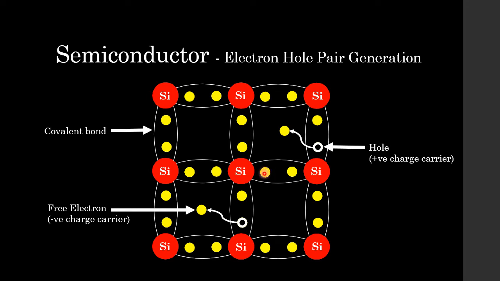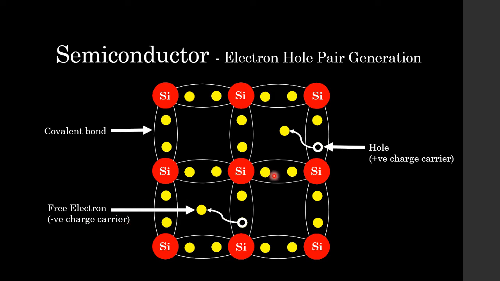And this causes the silicon lattice to literally vibrate, and this silicon valence electron gets enough energy to break the covalent bond and move from the valence band out into the conduction band. And the electron is then known as a free electron once it is in the conduction band, and it has a negative charge, so it's called a negative charge carrier.